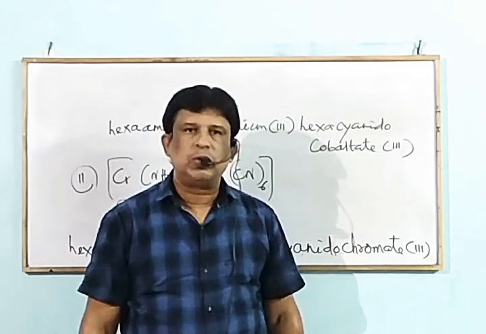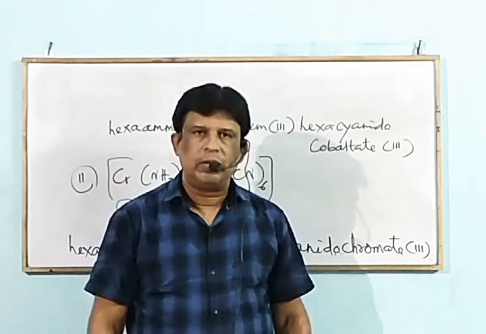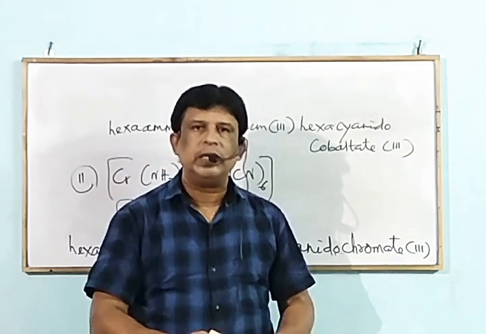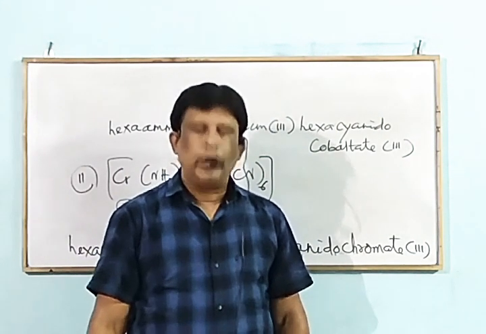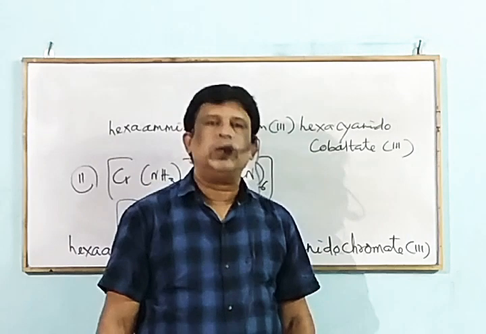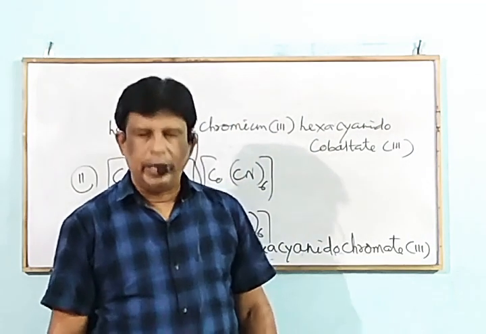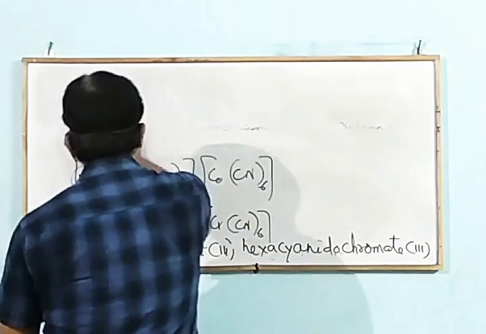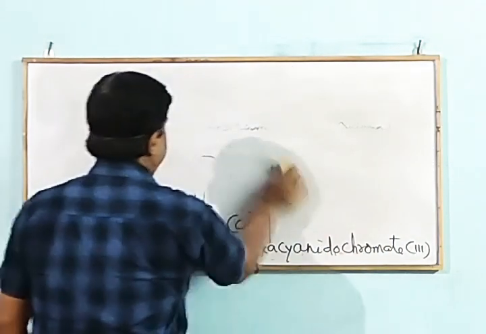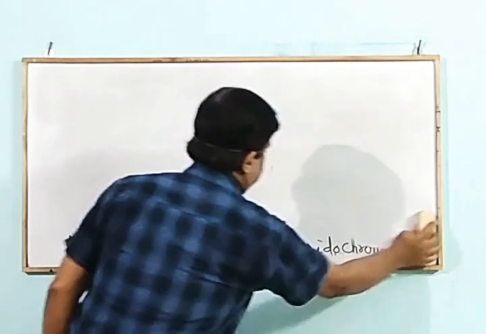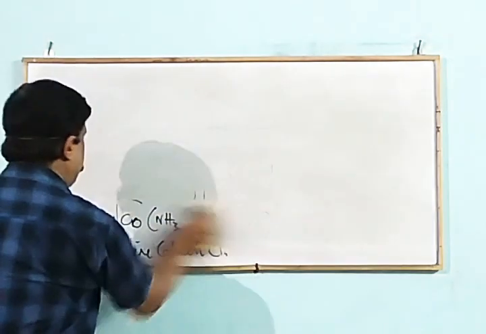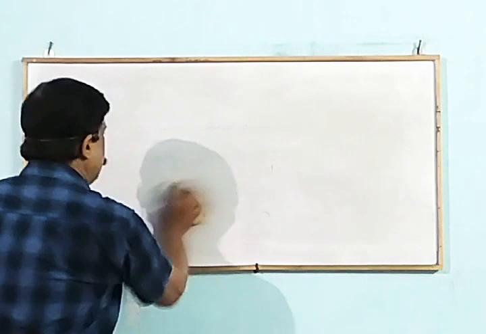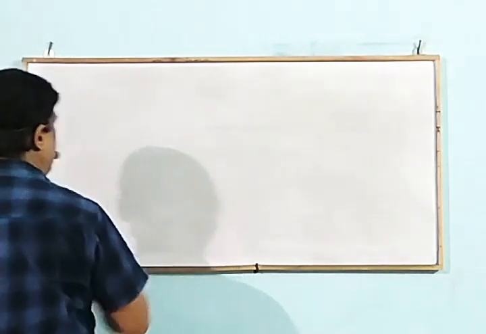Next we switch over to Werner's coordination theory. The father of coordination chemistry, A. Werner, gave a theory according to which it is known as Werner's coordination theory. This is a 3 marked question. What is the question? Write short notes on Werner's coordination theory.